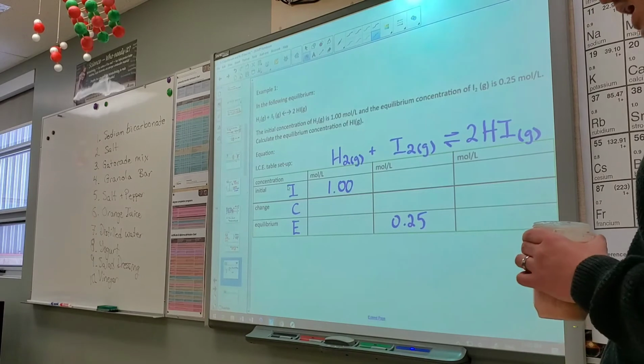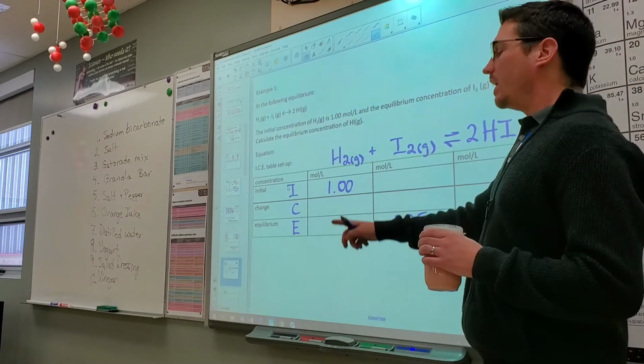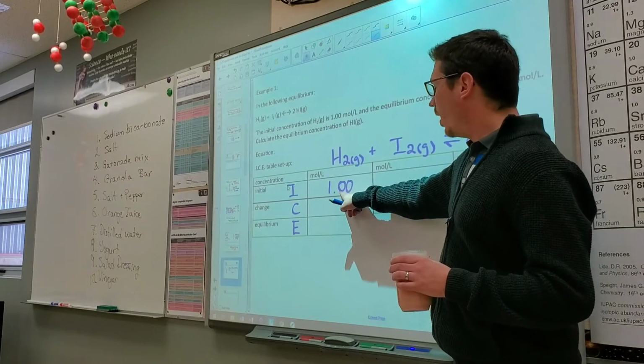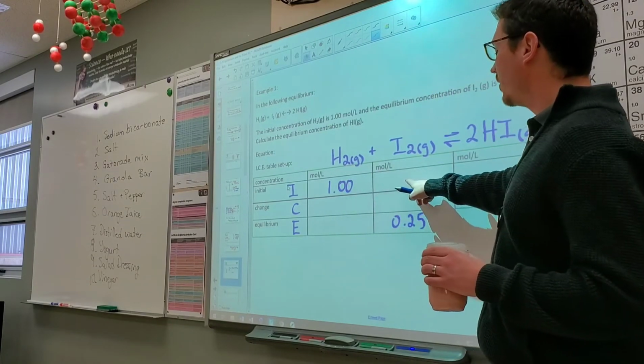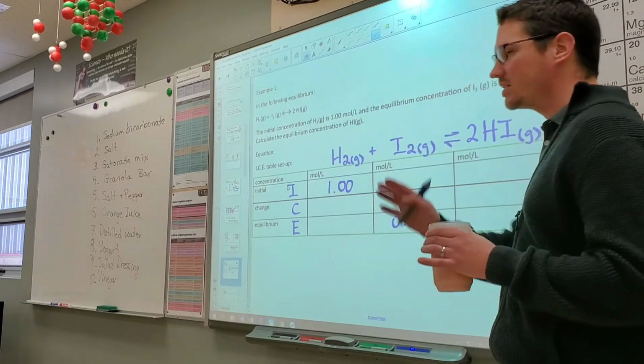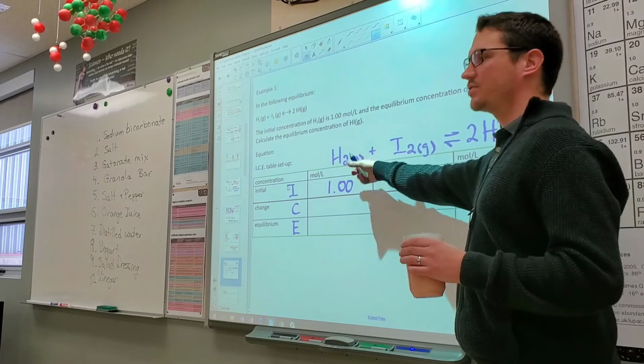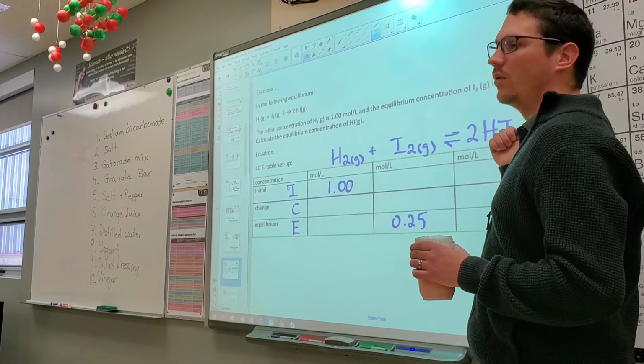Now we're going to have to take in some of those assumptions that we looked at in the previous slide, and I want to amend one of them. If it says you have 1 of this, but it says you have none of this, or it's kind of implying that right now, that's not totally true. If you have none of this, can this reaction proceed at all? No, you can't.